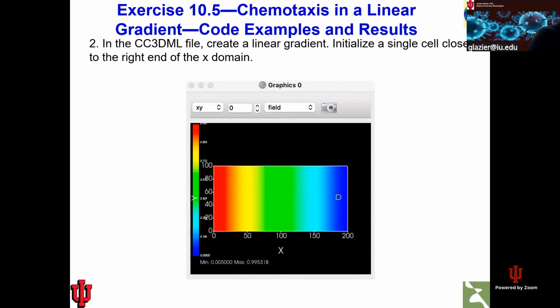So you want to go from 0 to 10 in 200. So you need 0 to 1 in 20. So you have 1 over 20 times x. So it's just x over 20. Instead of typing 0 for the initial concentration there, type x over 20.